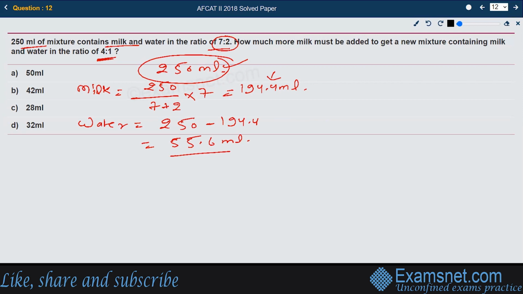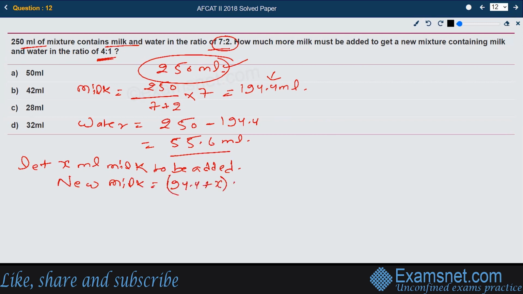Now he's saying how much more milk must be added. So let X ml milk be added to have the ratio that is given at the very last, that is 4:1. The new milk volume will be, earlier it was 194.4, so now it will be 194.4 plus X ml of milk.